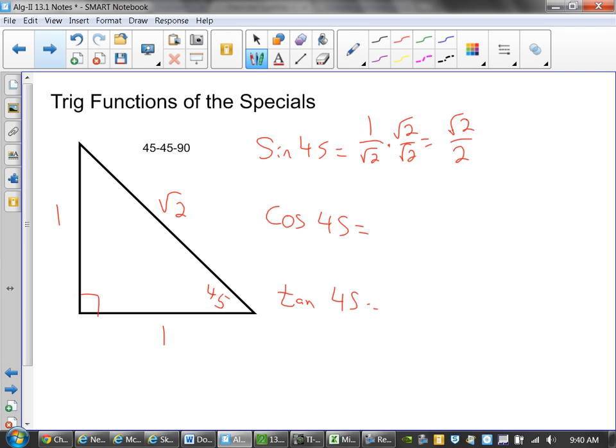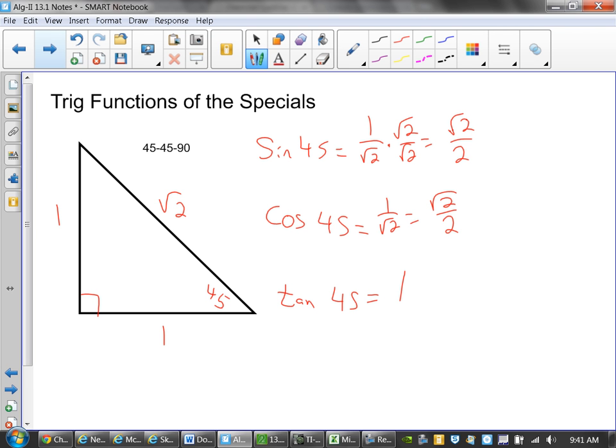Adjacent over hypotenuse, 1 over root 2, which is? And then tangent. 1. The reason tangent is 1 is because it's opposite over adjacent. They're both equal to 1. 1 divided by 1 is?